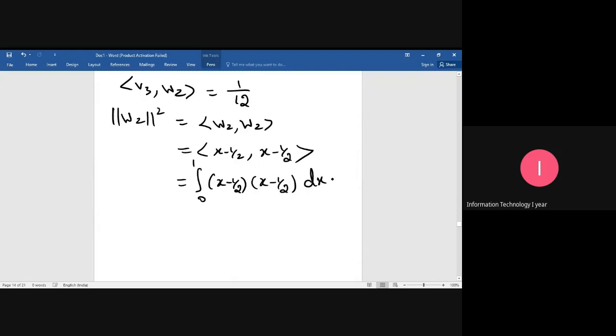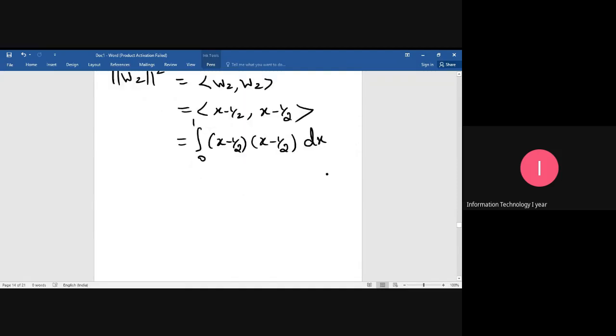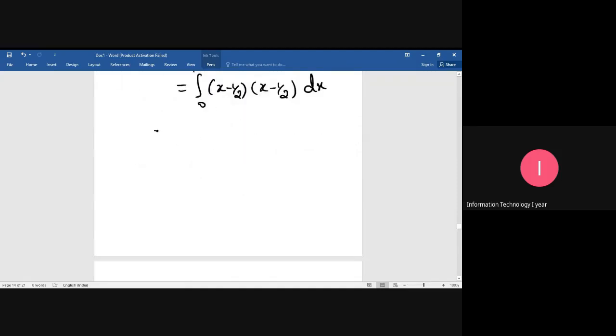Simplifying before taking the integral, this will be integral 0 to 1 of x minus 1 by 2 into x minus 1 by 2. Finding the multiplication, it will be x square minus 1 by 2 x minus 1 by 2 x plus 1 by 2 into 1 by 2, which is plus 1 by 4, into dx.